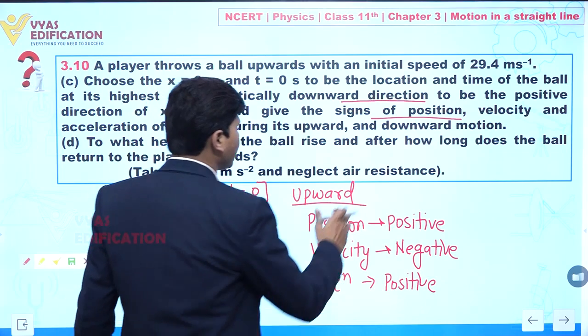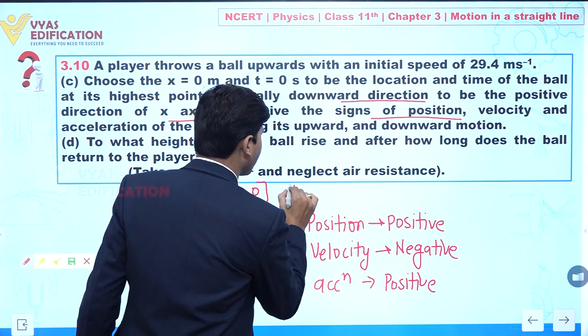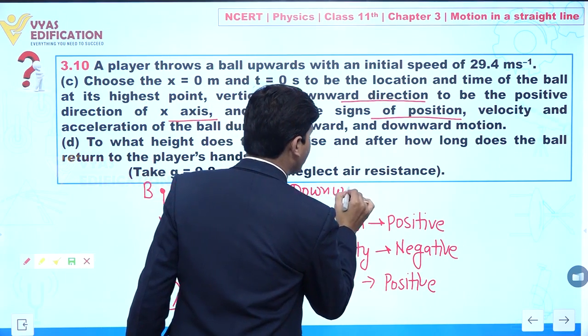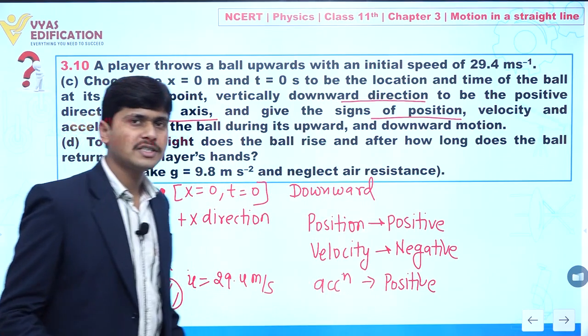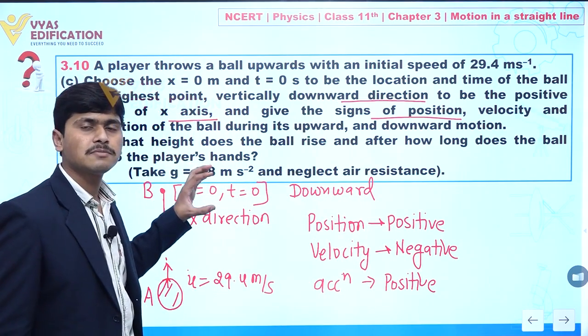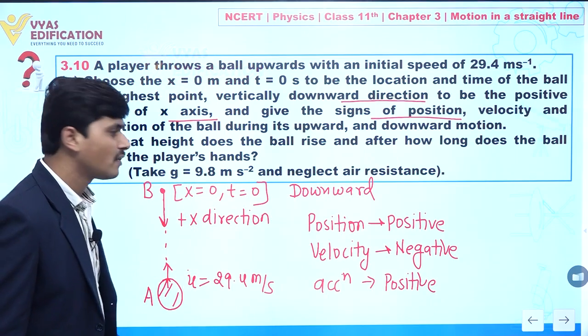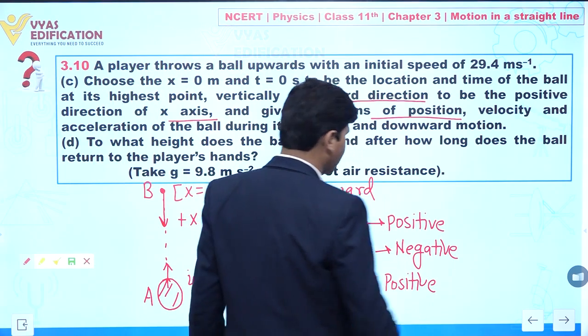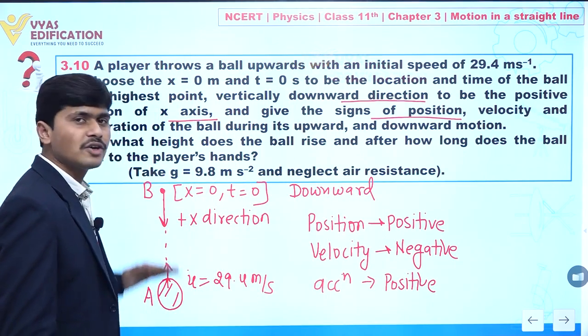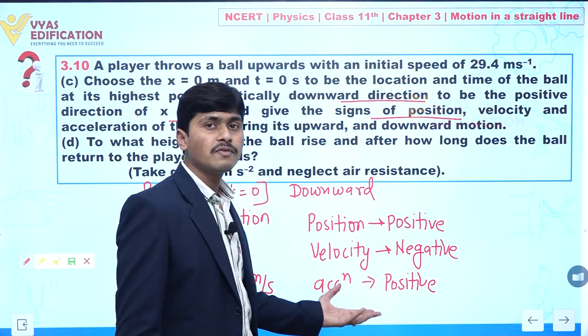So this is the sign for the upward journey. But if we consider the downward journey, let's suppose the ball is at the maximum height and is now moving in a downward direction. The position is positive because the ball is going in a positive x direction. What about velocity?